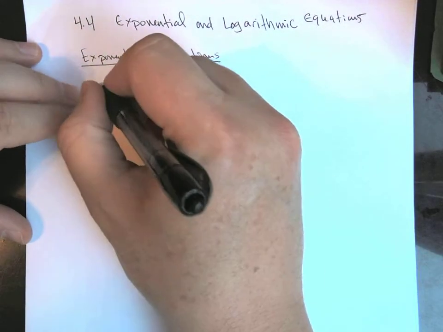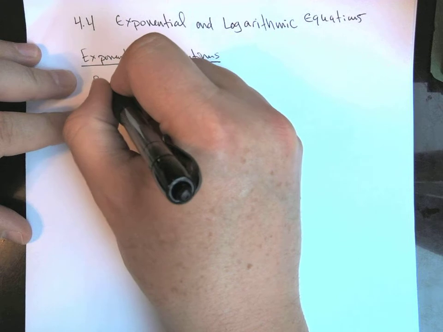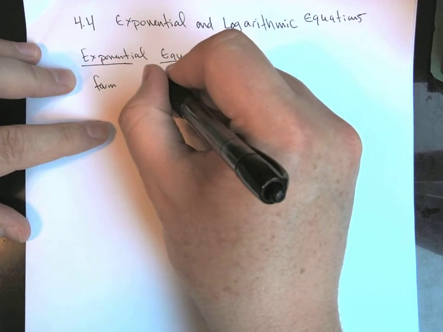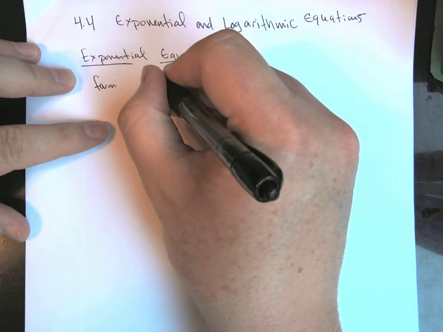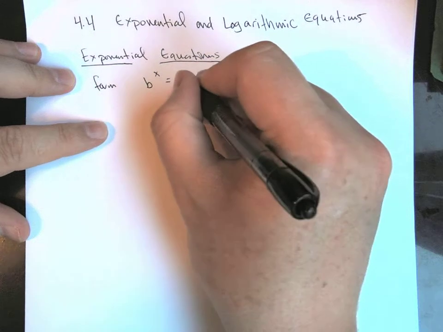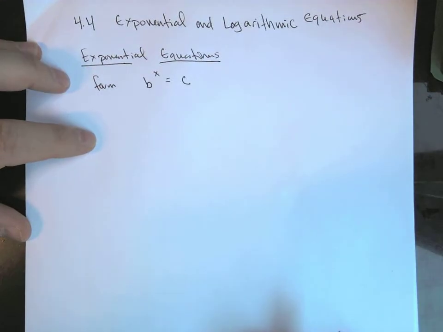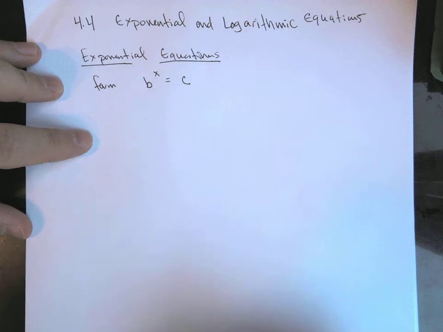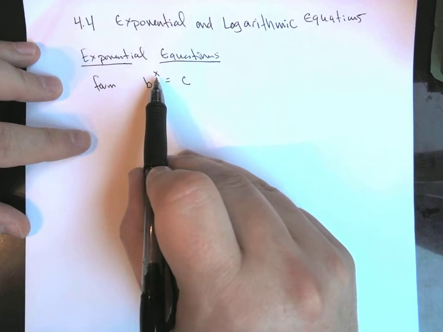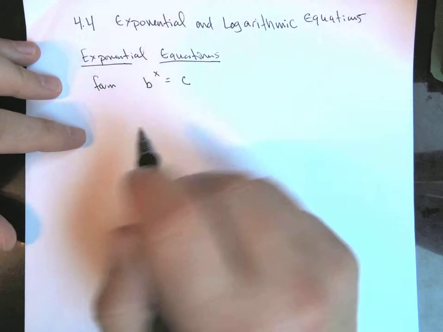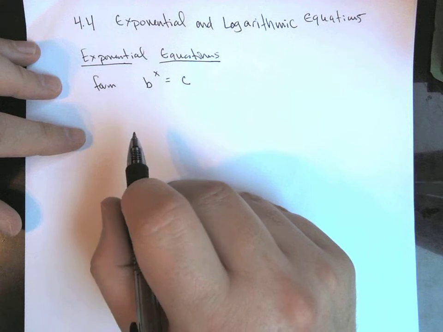What's happening here is the generic form, in some sense, is you've got b raised to the x equals some value. That's not totally true, that's a simplified version. But the idea is that your variables are up in the exponent, just like if you have an exponential function.